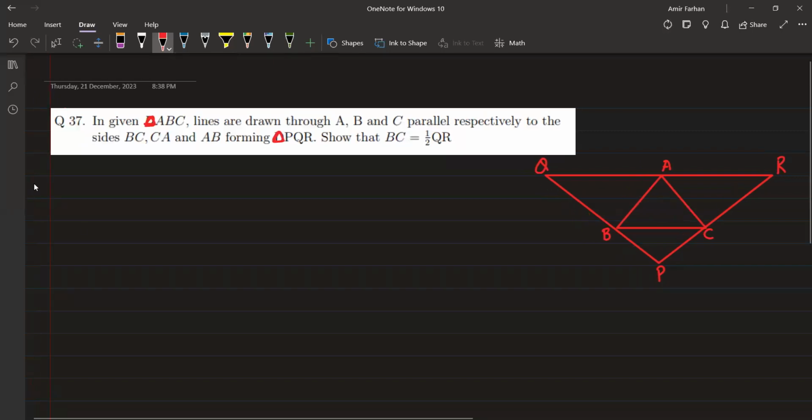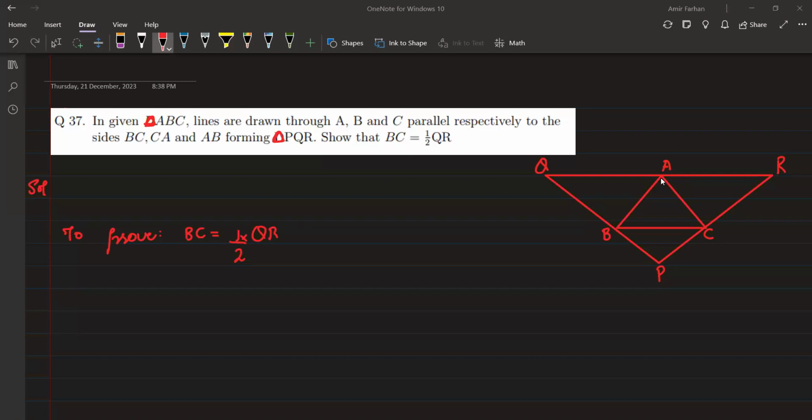Just a second. To prove: BC is equal to half of QR. Half of QR means that A is the midpoint right there. Clear?